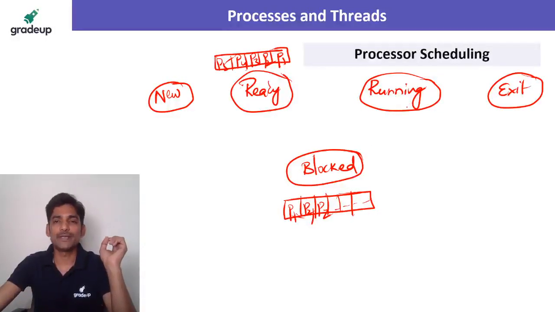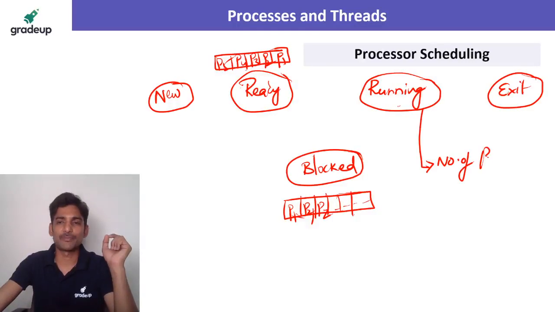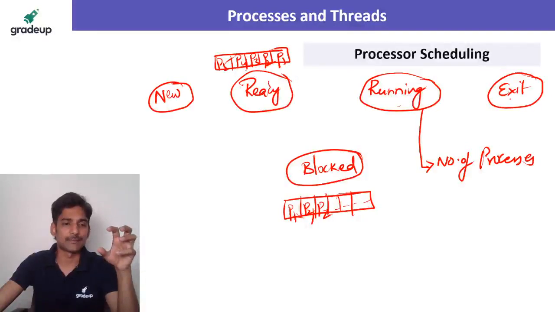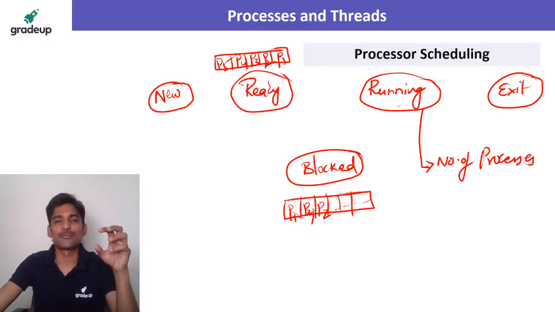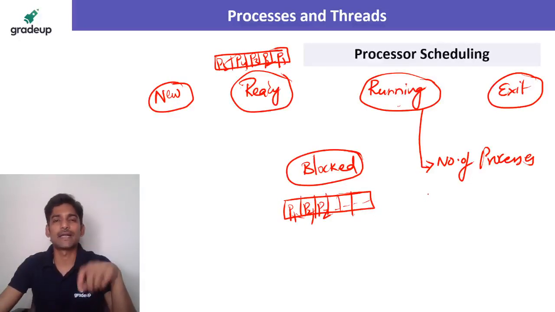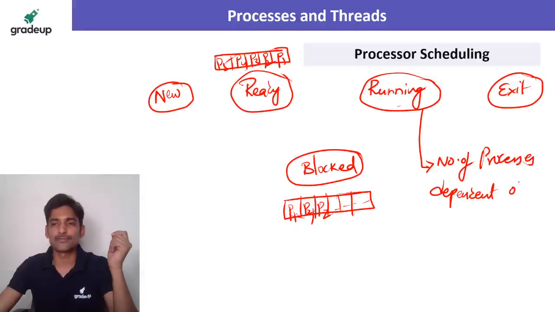But how many processes can be in the running state? The number of processes that can run at any given time is completely dependent on the processor configuration or CPU.